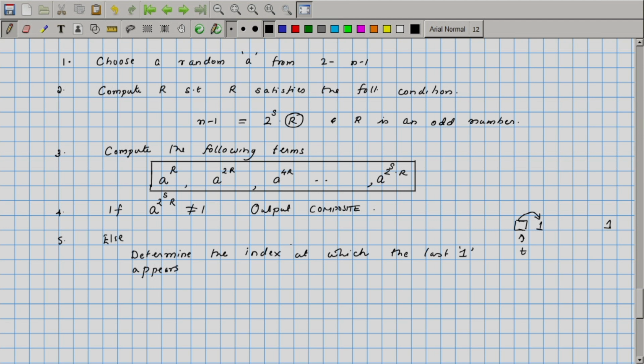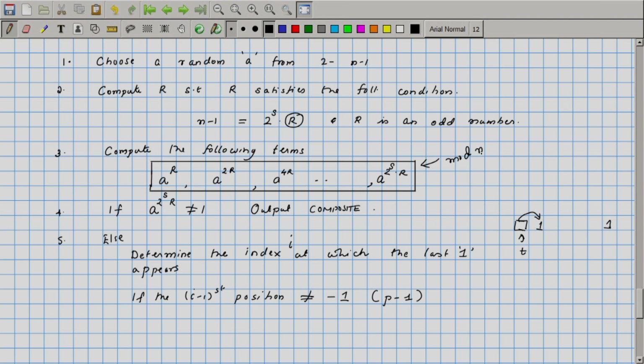Okay, so let us call this the index i, and if the (i minus 1)th position is not equal to minus 1. So, minus 1 here means the number p minus 1. These squaring operations we are carrying out mod n.